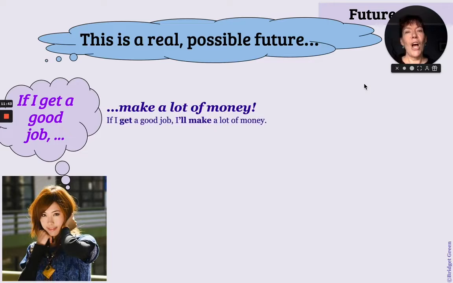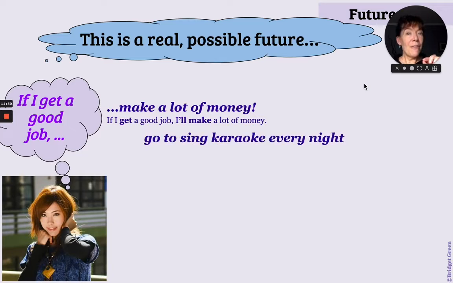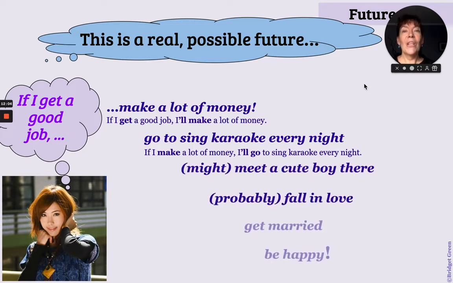If I get a good job, I'll make a lot of money. If she makes a lot of money, what will happen? If I make a lot of money, I'll go to sing karaoke every night. Nice. Now it's your turn. Look at these and make sentences.